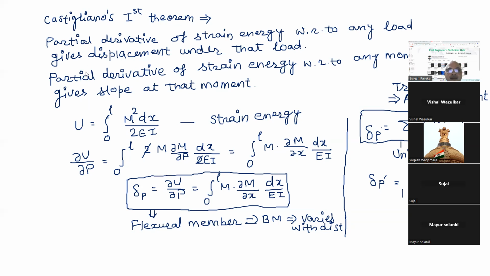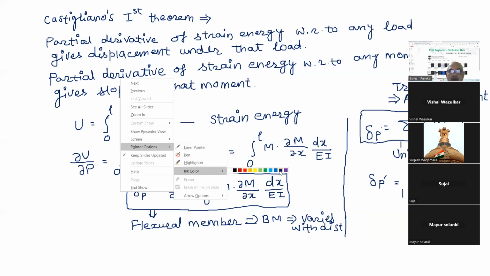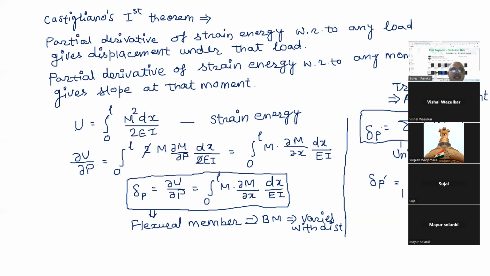Yesterday's part, Castigliano's first theorem, is most important. Yesterday we have seen we have to find deflection or slope, and accordingly we have to decide which formula to use.